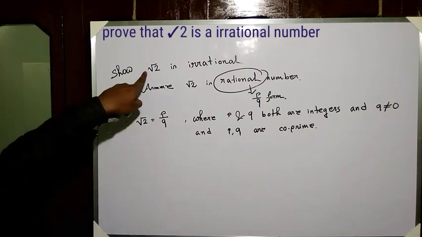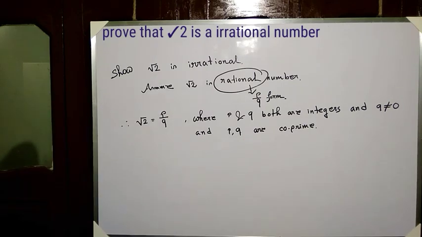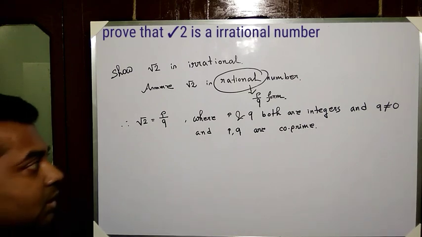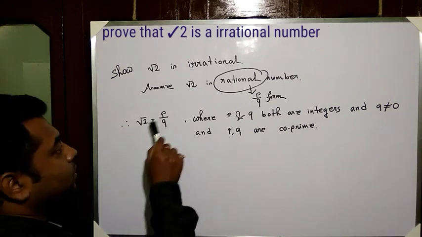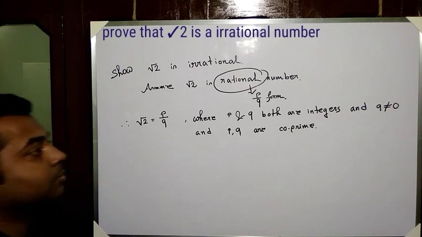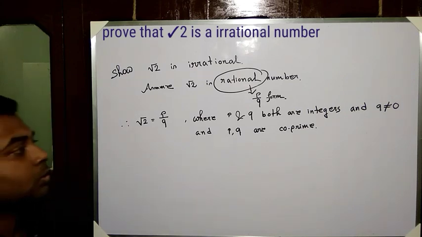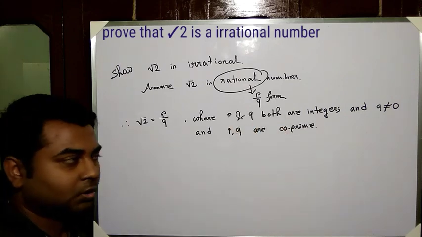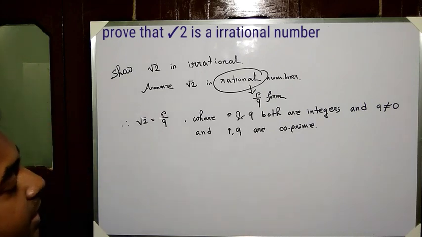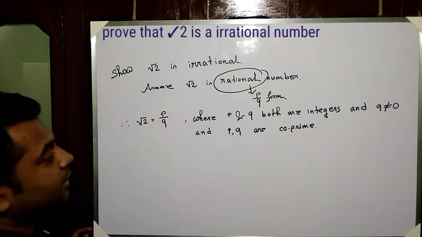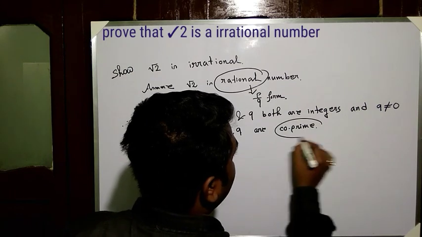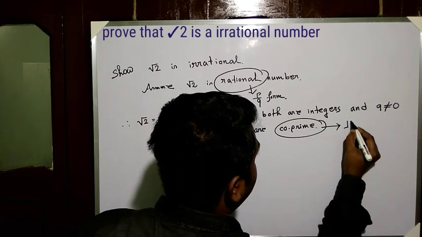So ultimately the question is correct, meaning root 2 is an irrational number. So root 2 equals p by q. p and q both are integers, no doubt, but the entire key fact is co-prime.